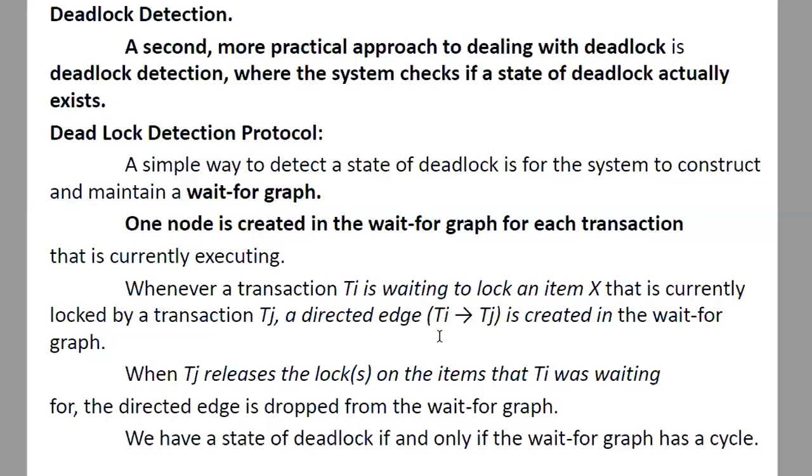To identify the conflict in a schedule, we used that method. The same thing here: we are using the directed edge from Ti to Tj when there is a waiting from one particular transaction to the other transaction for a particular data item.